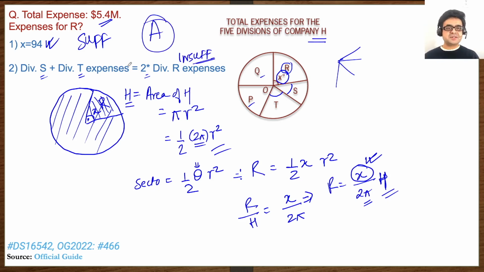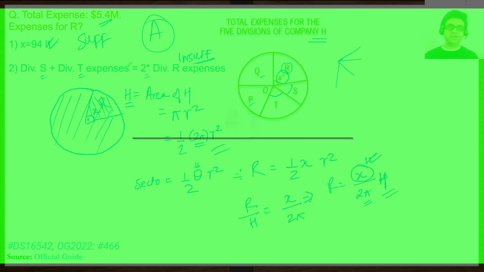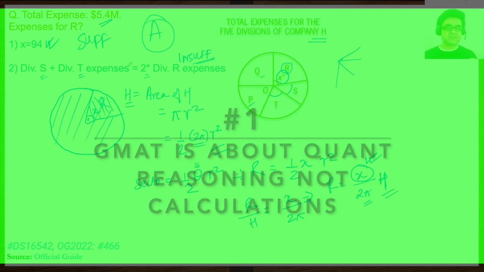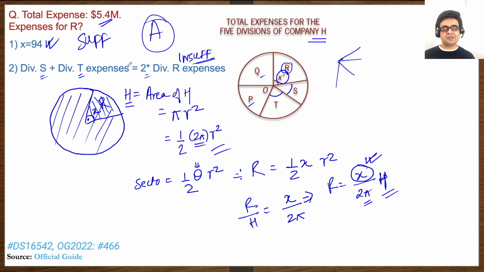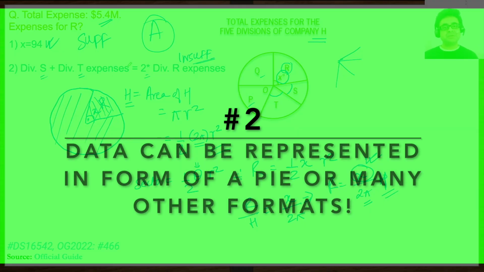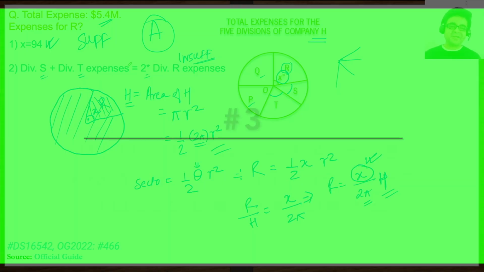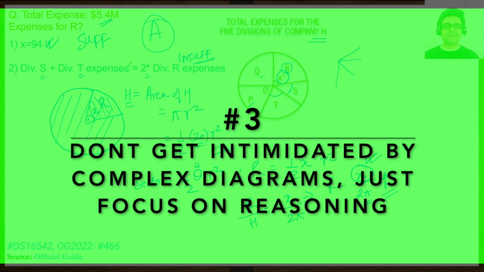The question is easy. If you are a beginner, the most important things you should take away from this question are, number 1, GMAT is about quant reasoning, not really calculations. As you can see, we have not done really any calculation. Number 2, data can be represented in the form of a circle, and sectors are nothing but a portion of that pie or circle. Number 3, don't get intimidated by complex diagrams.